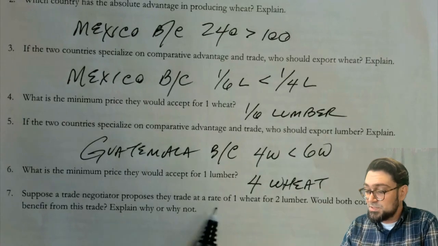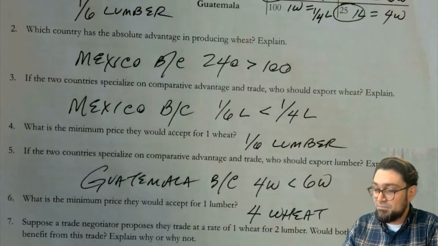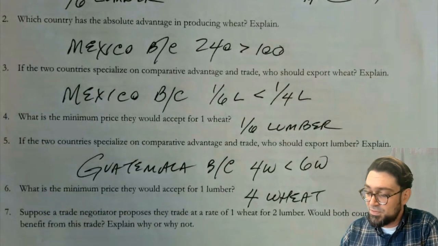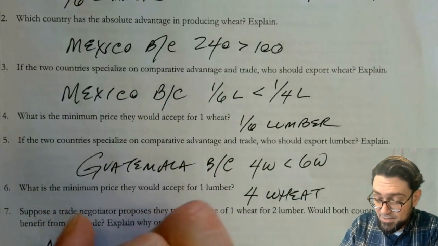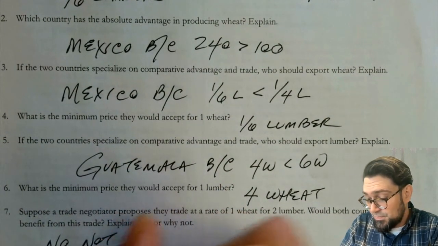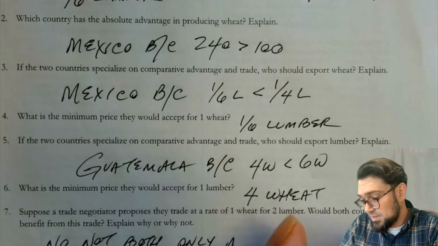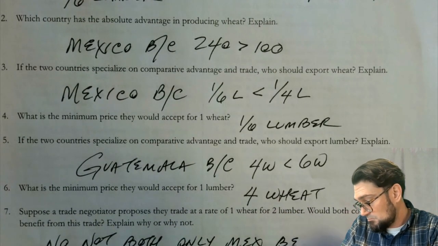Suppose a negotiator produces 1 wheat for 2 lumber. Well, that's way outside the boundary of 1/6 to 1/4. And no, they would not both benefit. We would say only Mexico benefits.